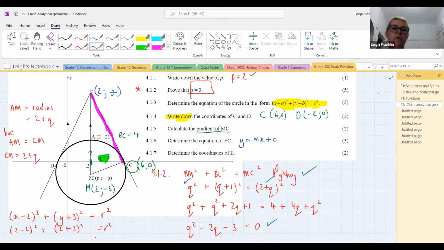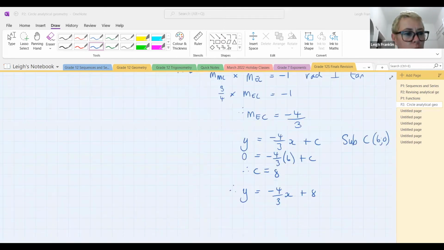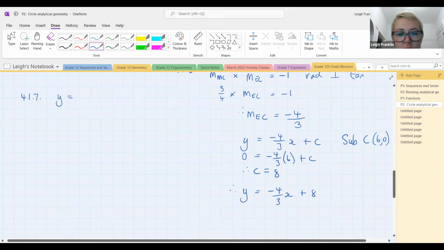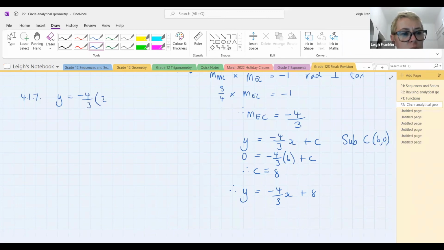So what can we use to help us? We know the equation of EC. So that means that we can calculate what y is if we know what x is, exactly the equation from before. All right, so in 4.1.7, we're using y equals -4/3 times x, when x was equal to 2, plus 8.